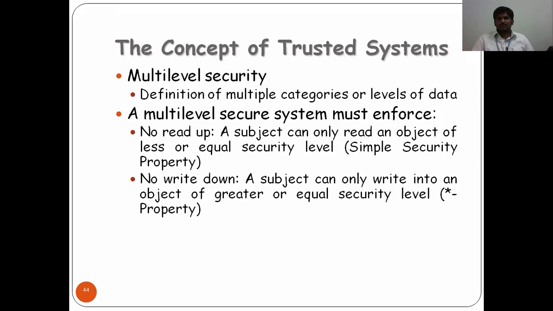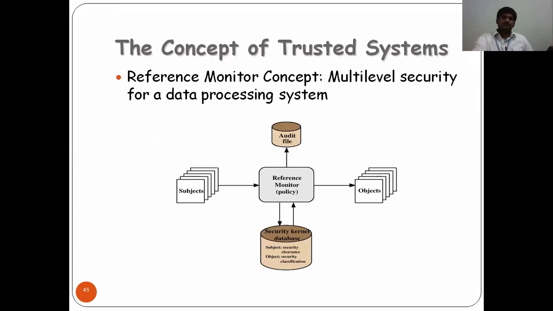Yes or no? By that we can identify it. For example, if I ask you to write what a trusted system is, will everyone write the same thing? Will everyone read the same thing? So sometimes we need to provide security based upon the levels of authentication.